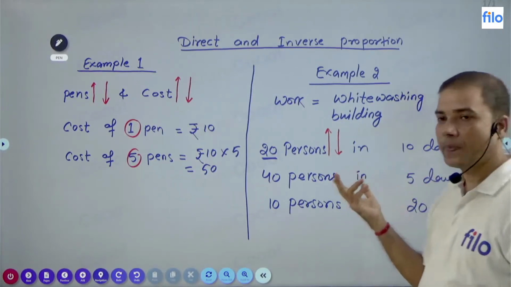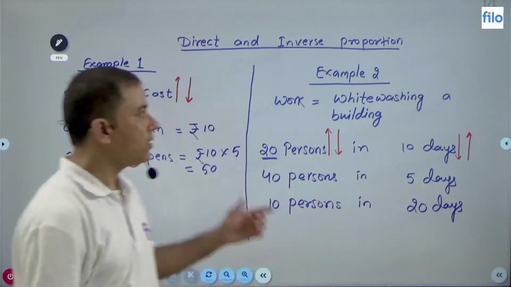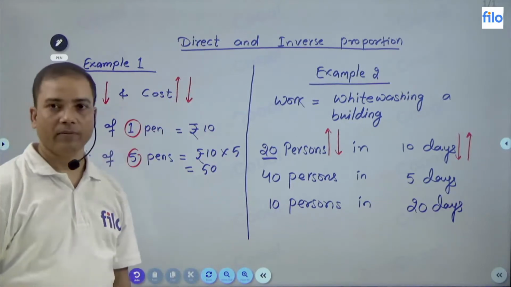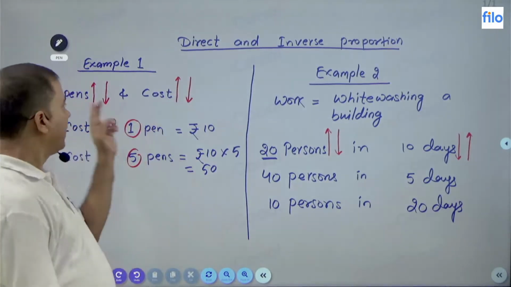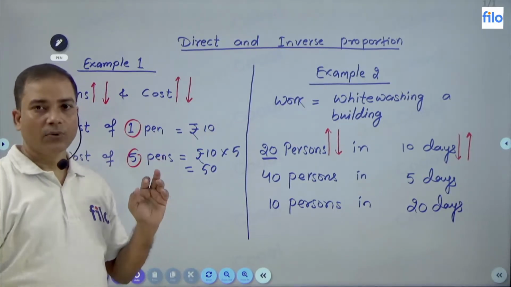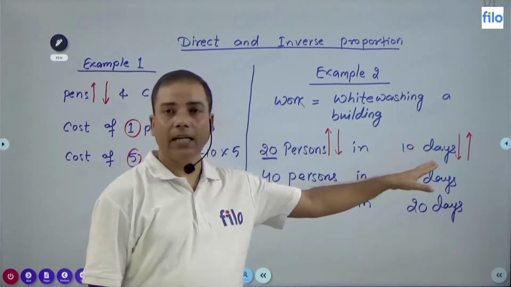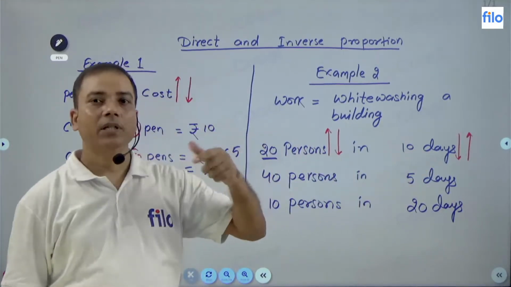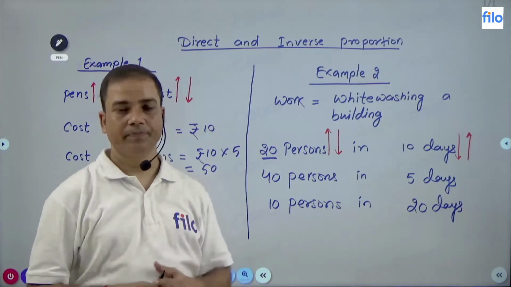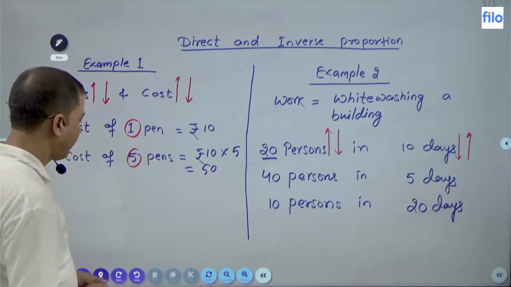Opposite, right? So in the first case, these two quantities are in direct proportion. Pens and cost follow direct proportion, but persons and days follow inverse proportion. Inverse, opposite. Got it? Yes, sir.